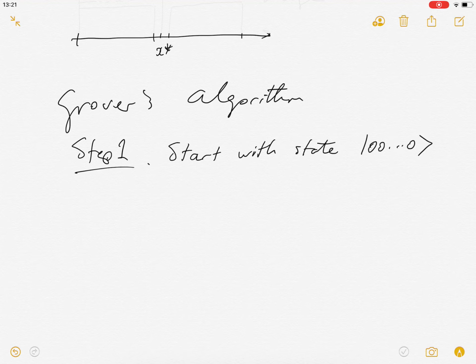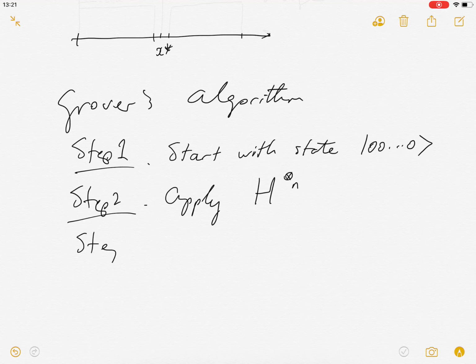Okay, we have an n-dimensional vector. And then step 2 is that we apply the n-dimensional Hadamard transform. And then at step 3, first we apply the phase inversion operator, and then we apply the inversion around the mean.